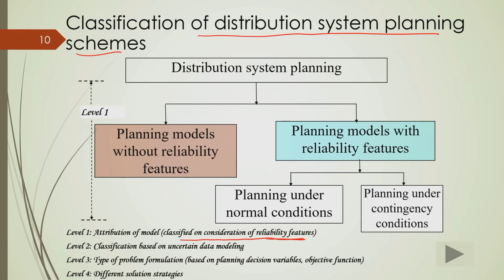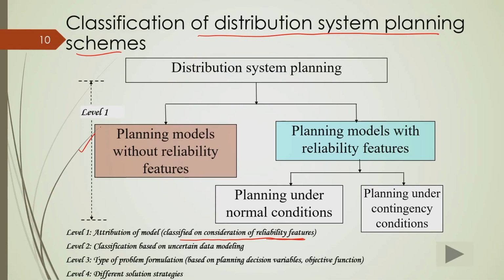If you review the literature on the distribution system planning problem, you will see some research articles in which reliability is modeled, and some in which reliability is not modeled at all. Based upon that we have this level 1 categorization.